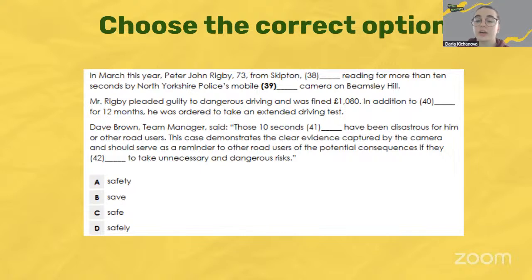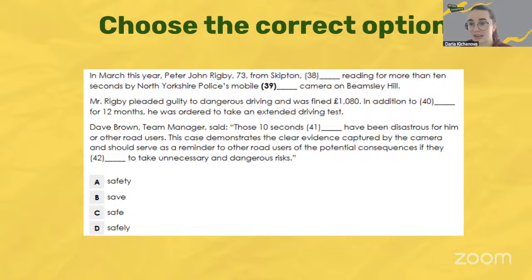So there, we are talking about a camera, but what kind of camera? We have a good camera for safety. So there, you may think that you need to use, for example, safe, but when we translate, we won't have a safe camera. It is some camera that, for example, is kept in some safe place.